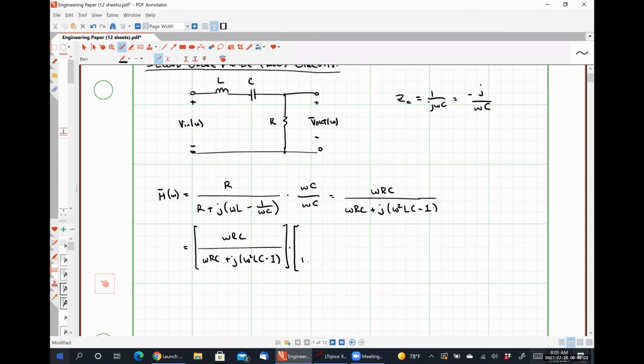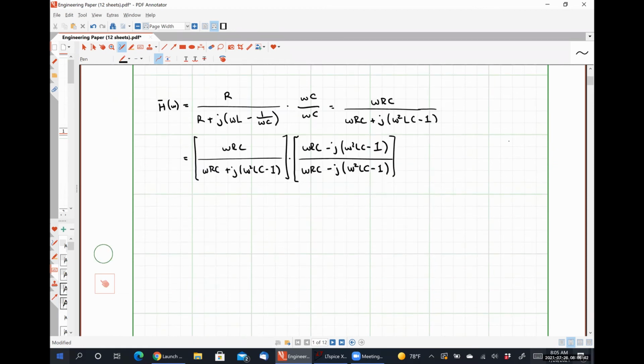So I'm going to have omega RC minus j times omega squared LC minus 1 here, and that exact same thing in the numerator. And let's see what happens when I do that math.